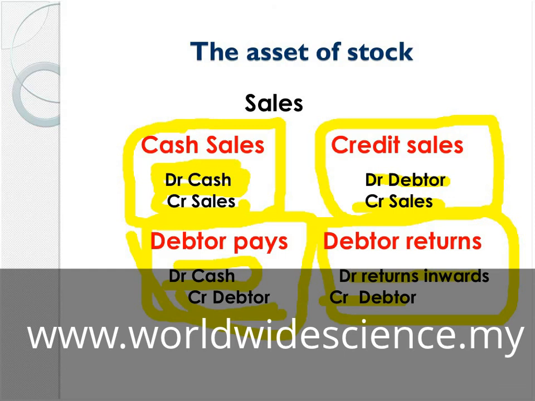We sell the product, the cash increases. When they pay, the cash increases, and in the same way when we sell on credit, the debtor will increase. And when the debtor returns goods, the returns inwards will increase. That means they return the goods, the products, for money.